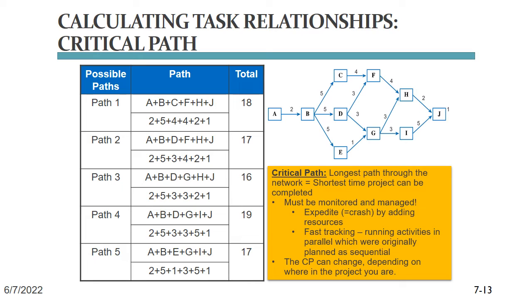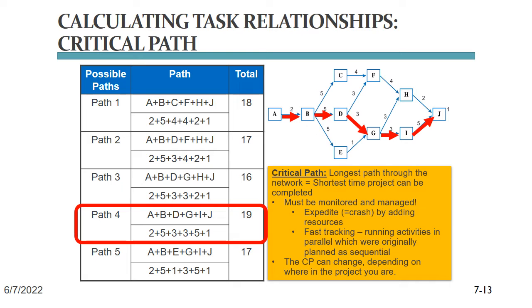So let's calculate the possible paths for our network to see which is the longest and which is the shortest. For example, path 1, which leads us from A to B to C to F to H to J. If we add all the durations for the activities on that path, we get 18 days. We do the same thing with path 2 and 3 and 4 and 5. And then we realize that path 4, which leads us from A to B to D to G to I to J, takes 19 days.